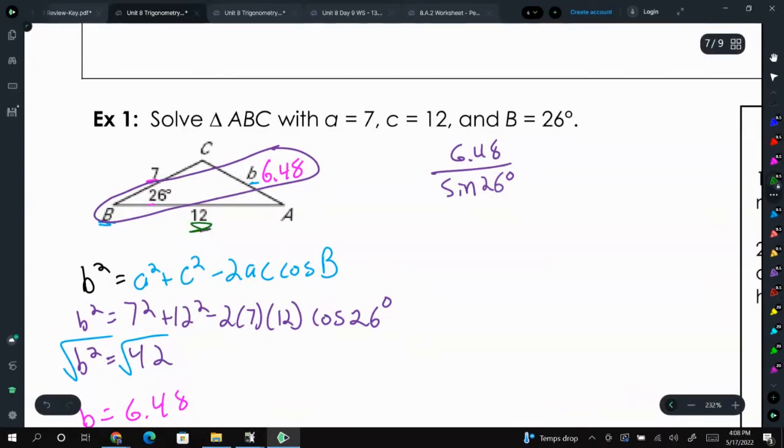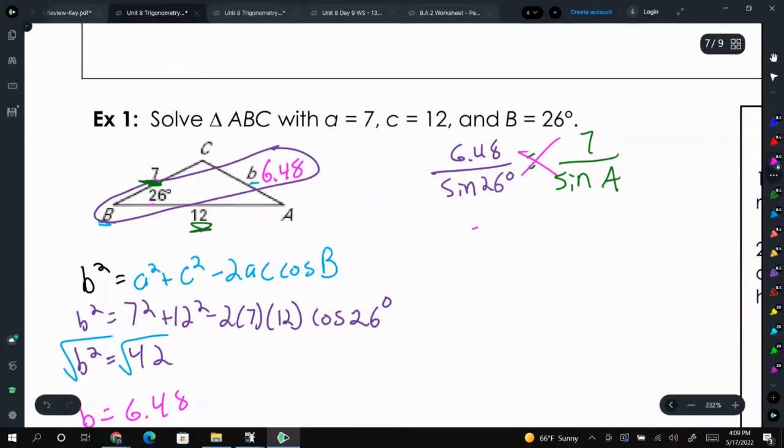Angle C will be bigger because it's across from the bigger side, while angle A is across from 7. So we have to do 7 over the sine of angle A. If you find C first, you're going to end up with the wrong answer at the very end. Your angle A could be the largest angle, which it can't be because it's not across from the largest side.